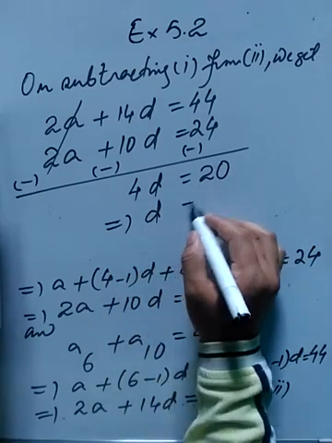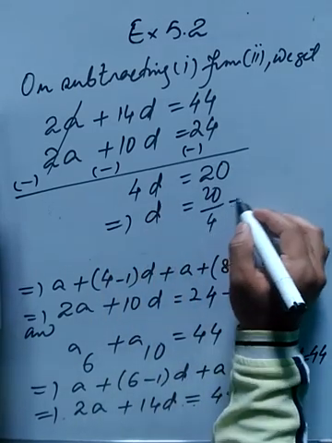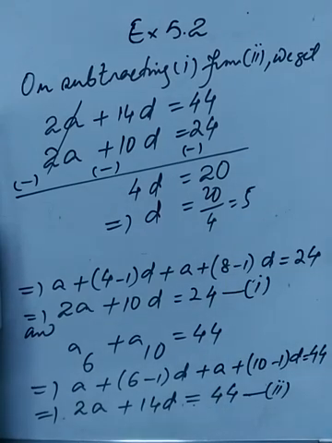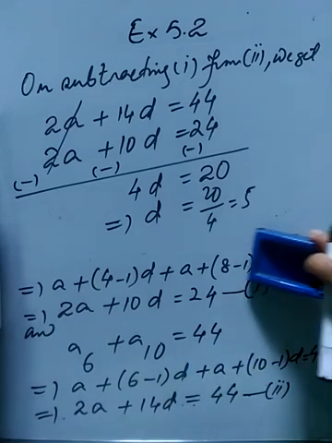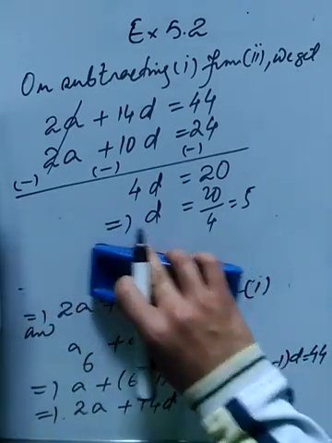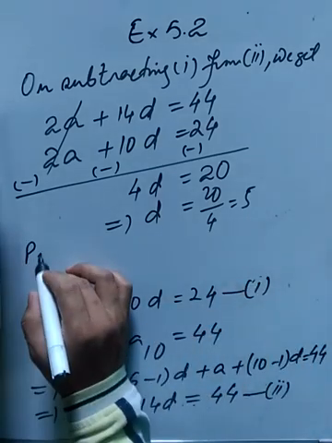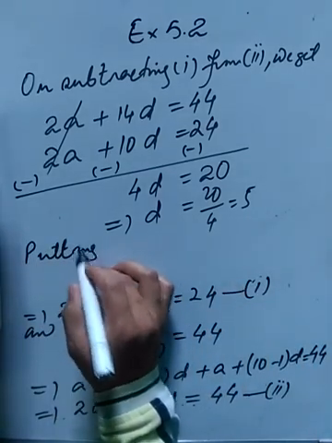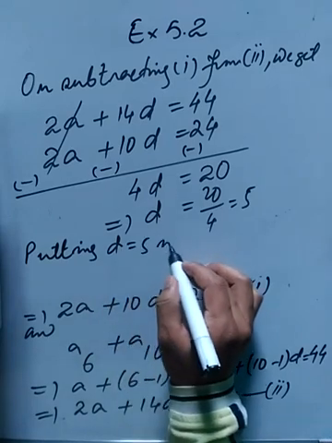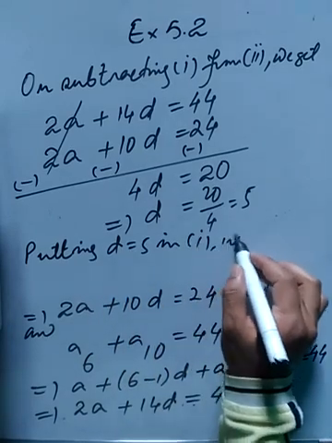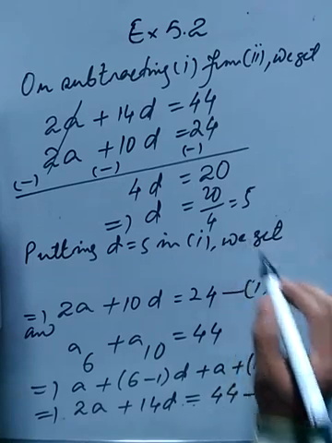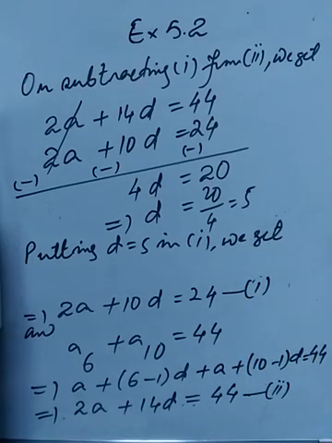So the value of d is 20 divided by 4, which is 5. Now we get the value of d as 5. So the next step is, let us put d equal to 5 in equation 1. Putting d equal to 5 in equation 1, okay, let us see what we get.